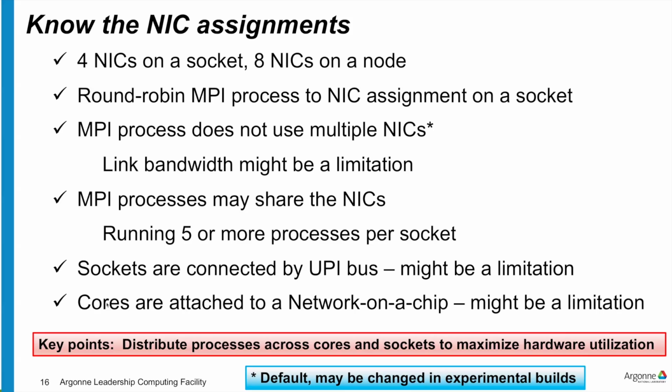A single core cannot drive the entire memory, and a single core cannot drive the entire NIC. So you need to have multiple cores if you really want to drive the entire memory capacity, memory bandwidth, NIC bandwidth, and so forth. So you need to place more processes and use more cores to do so.